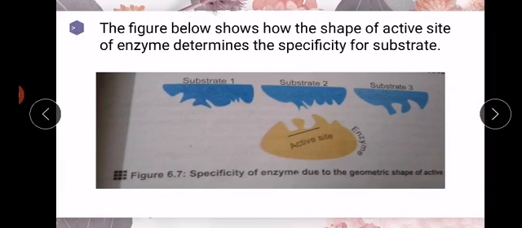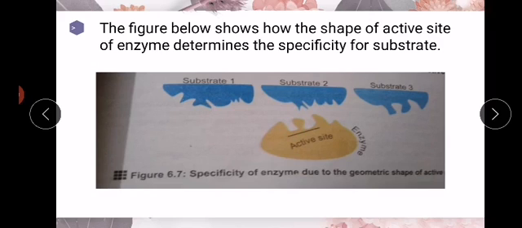Here you can see an example in the figure. This is an enzyme and it has this kind of active site. To this active site, which has a very different geometric shape, only a substrate having a quite similar shape can attach. All the substrates cannot attach.